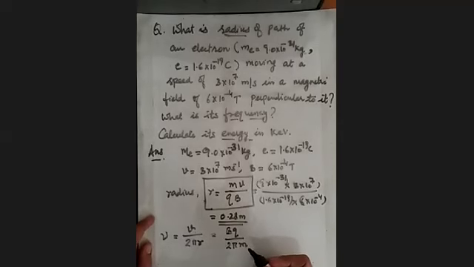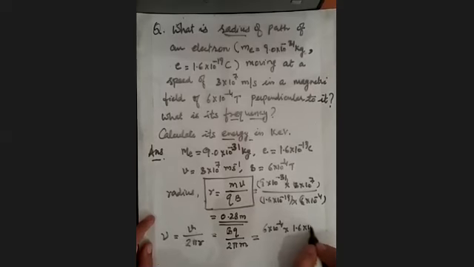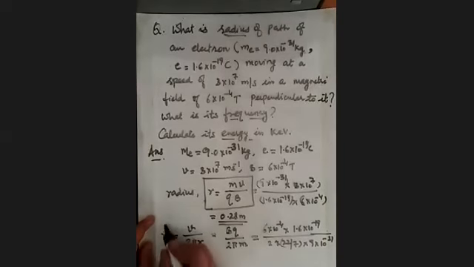So from these two, by putting the values in this expression, the values of B, q and m, we can find out the value of frequency. The value of B is 6 × 10^-4, q is 1.6 × 10^-19, 2π means 2 into 22 divided by 7, and multiplied by mass 9 × 10^-31.